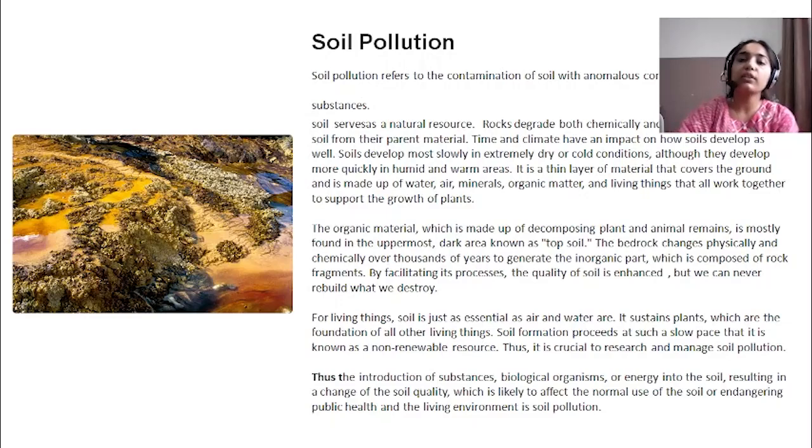So what is soil? It is a thin layer of material that covers the ground and is made up of water, air, minerals, organic matter, and living things that all work together to support the growth of plants. The organic material, which is made up of decomposing plant and animal remains, is mostly found in the uppermost dark area known as topsoil.